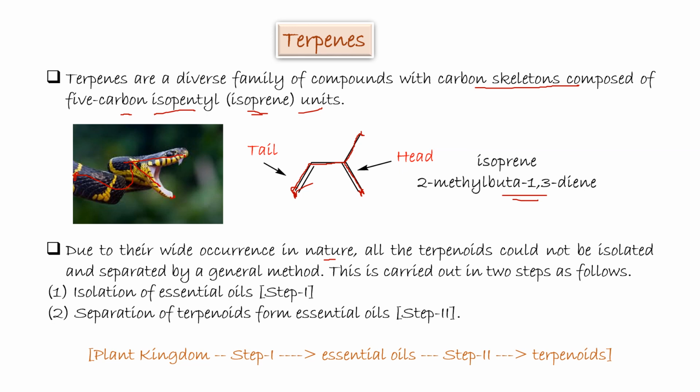This is carried out in 2 steps. First, isolation of the essential oils, and then separation of the terpenoids from the essential oil. So in the plant kingdom, step 1, isolation of essential oil, and step 2, isolation of the terpenoids.